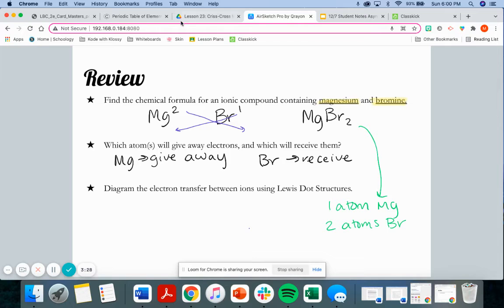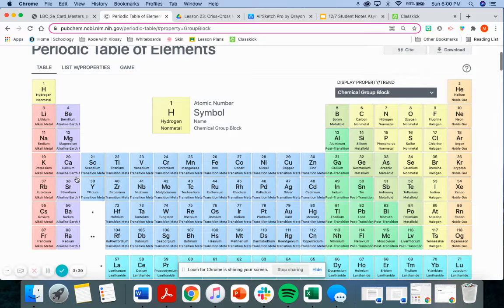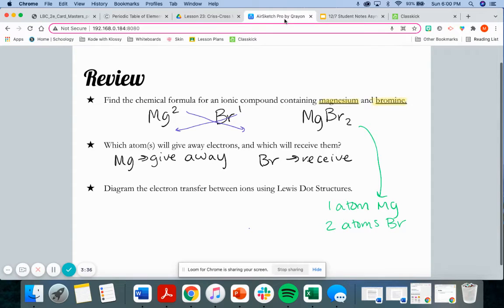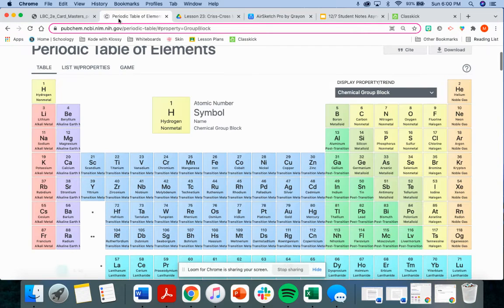Heading back to my periodic table, I know that Mg, being in group 2, is going to have 2 valence electrons. So my Lewis dot structure is going to look like the chemical symbol with 2 dots around it. And each atom of Br, bromine, is going to have 7 valence electrons, counting across the groups 1, 2, 3, 4, 5, 6, 7.